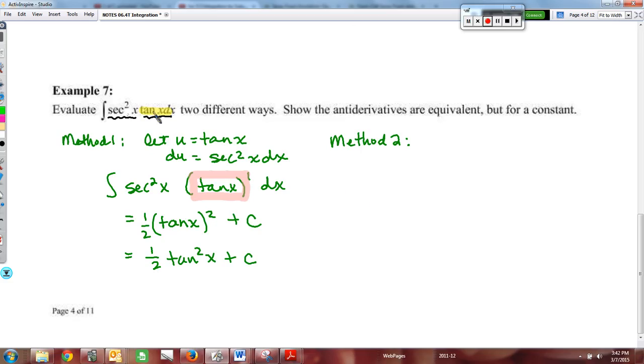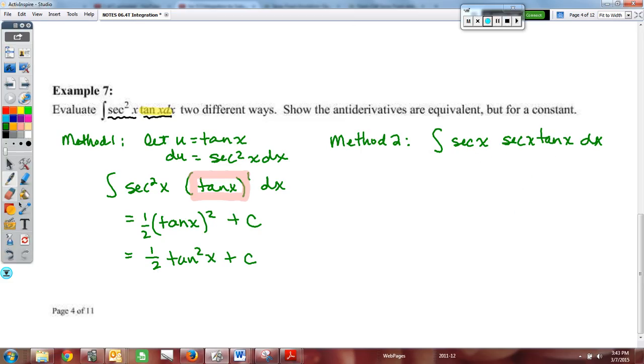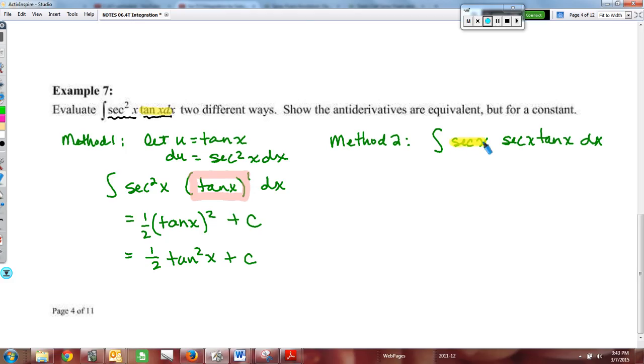So we're going to do this a different way. Instead of making the u the tangent of x, I'm actually going to first rewrite it and make it secant of x tangent of x. Because secant tangent is a known derivative, and it's the derivative of secant, I'm going to choose in this technique to make my inside function the secant x.